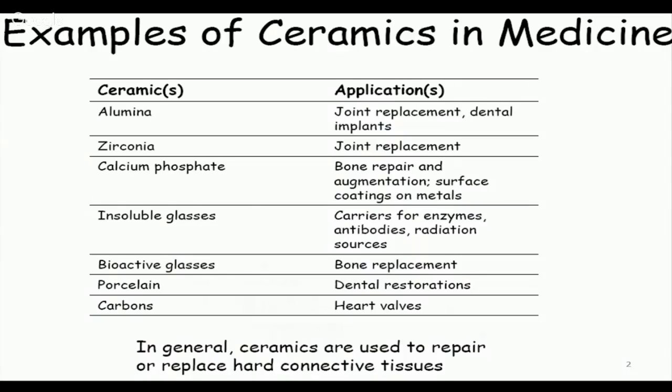In recent times people are working, or even already some products are available in the market, on leucite and lithium disilicate based glass for dentures. There are also machinable glasses available for machining into customized shapes for specific applications, including dentures.